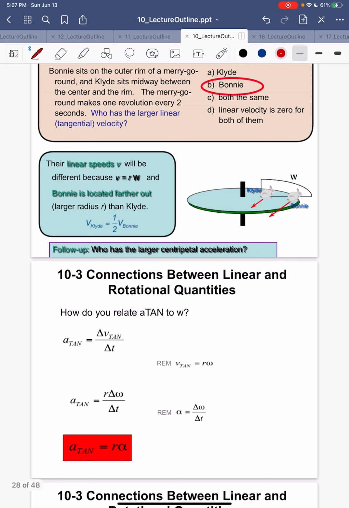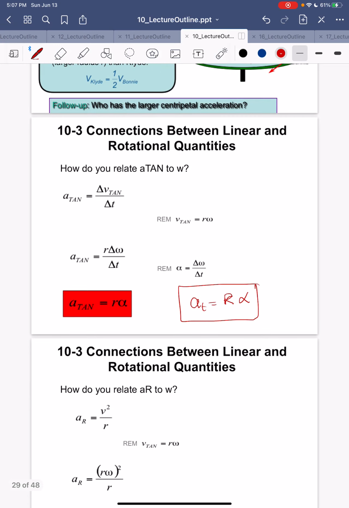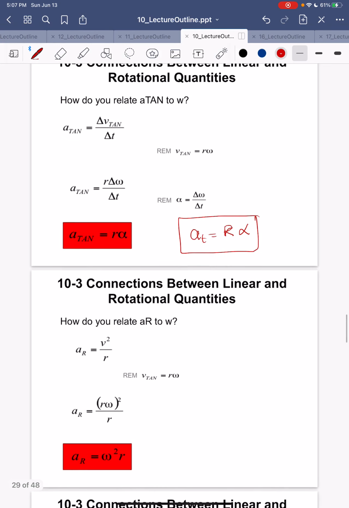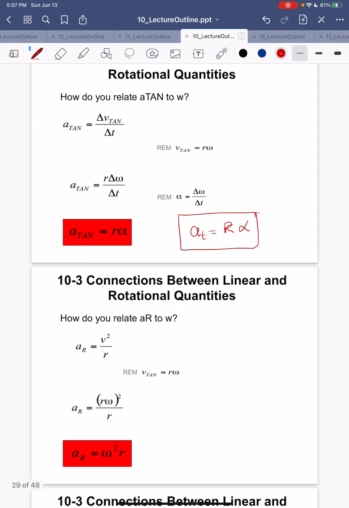Now, we can also conclude another relation between the accelerations, and we can say AT equals R times alpha. And again, AT is the tangential acceleration, sorry. I think I need to remind you here of what we did before.